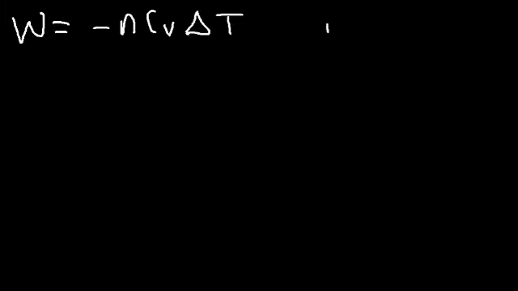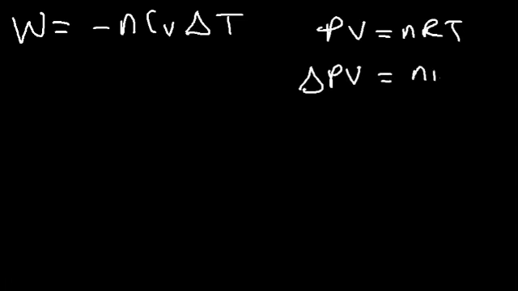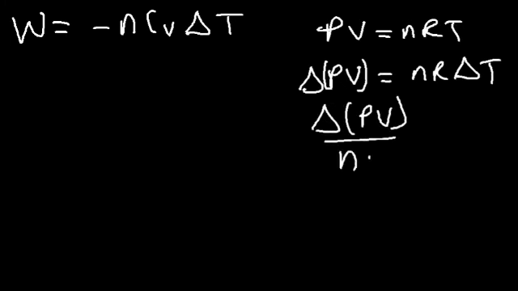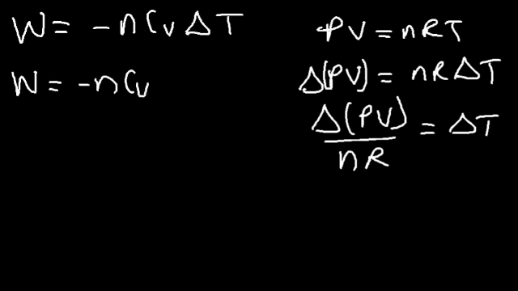So using the equation PV is equal to nRT, the change in PV is equal to nR times the change in T. So the change in PV divided by nR is equal to delta T. So we have nCv times delta PV over nR.